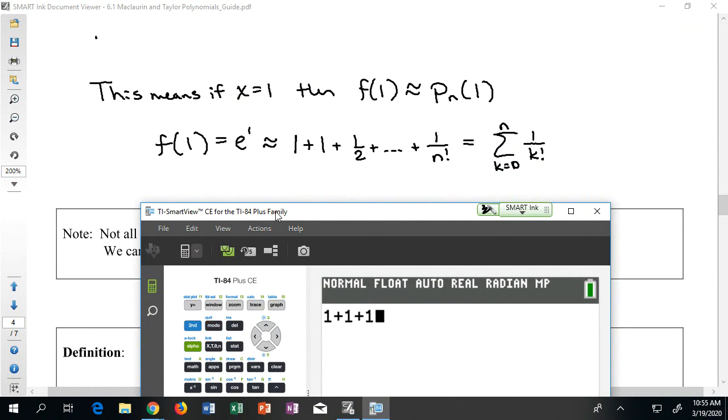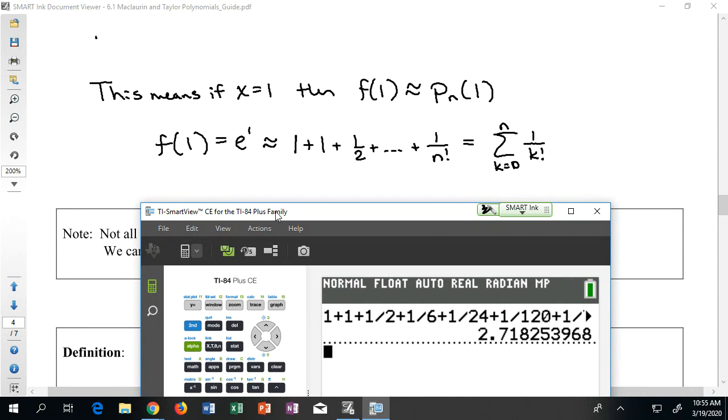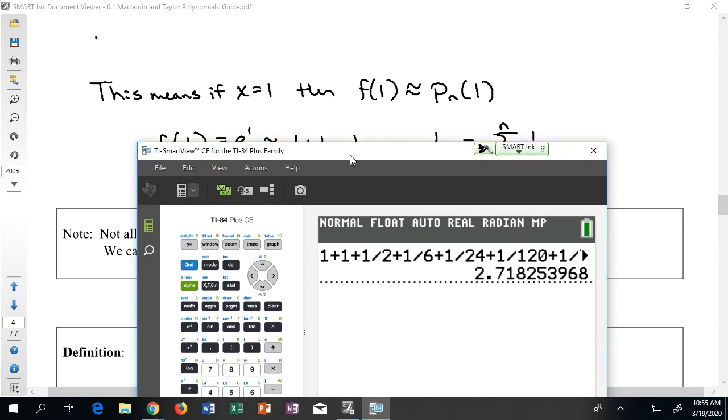1 plus 1 plus a half plus 1 over 3 factorial, which would be 1 over 6, 1 over 24, 1 over 120, 1 over 720. I know my factorials because I've done this for many semesters. 1 over 5040. I could just keep going and going, and when I hit enter, take a look at the value that I've created.